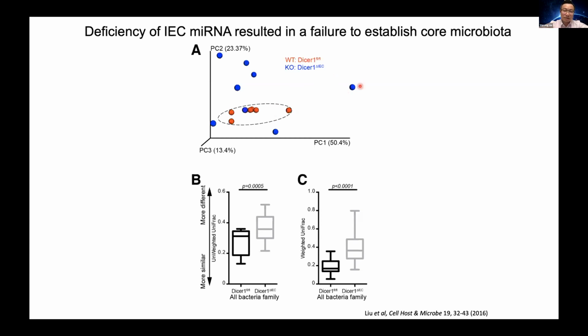But in knockout mice, they're just randomly distributed. They're not clustered. That means the loose core microbiome. If you look at the similarity of the microbiome, you can see in the knockout mice that each mouse is different from the other.